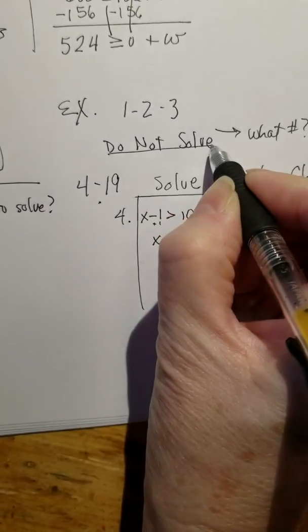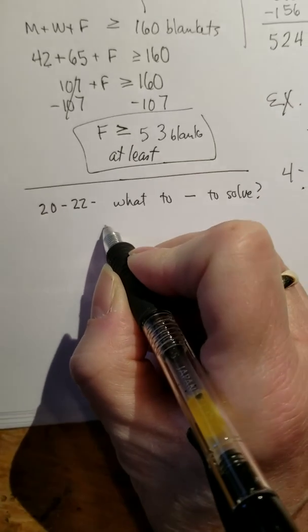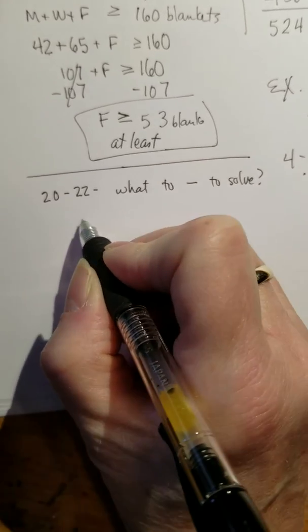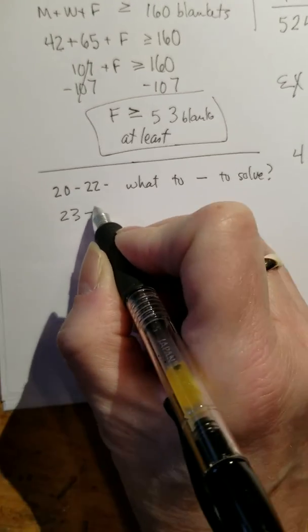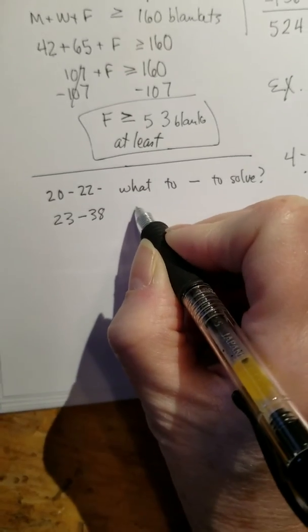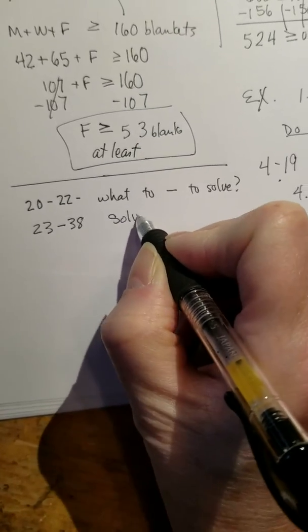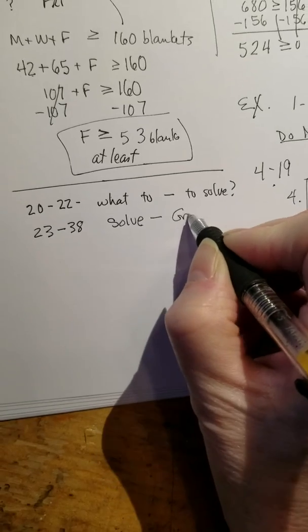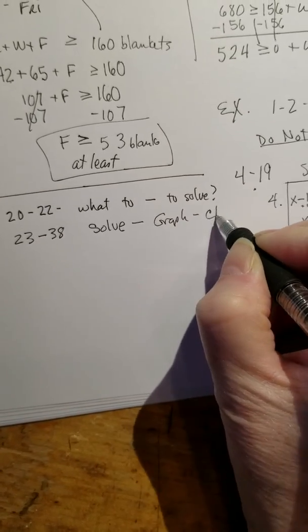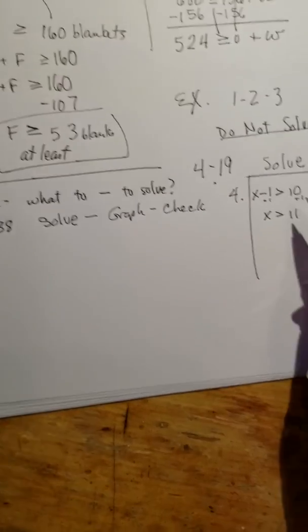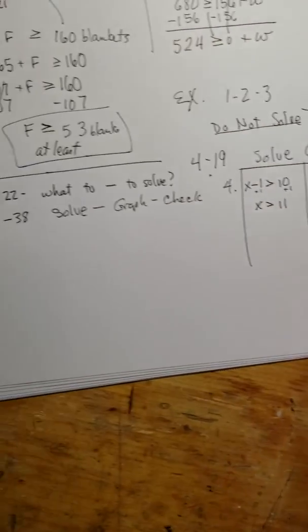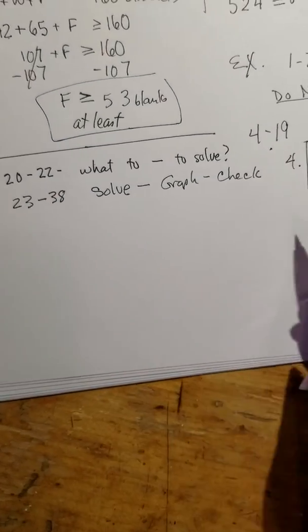Do not solve it. Just state the number. Then we get to 23 through 38. We want to solve, graph, and check. Just like we're going to do over here, we're going to do essentially 3 columns.